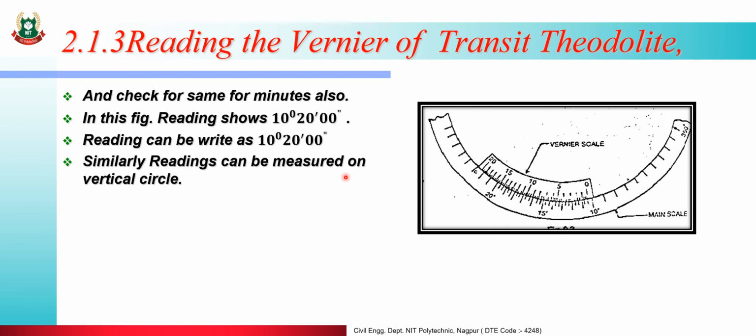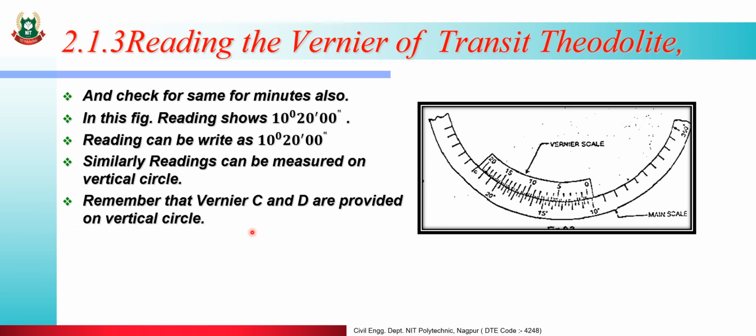Similarly, reading can be measured on the vertical circle, but the vertical circle has different vernier scales, that is vernier C and vernier D. So if we read the reading on vernier A and vernier B, we know that it is the horizontal circle reading, and if the readings are on vernier C and vernier D, then those are vertical circle readings.